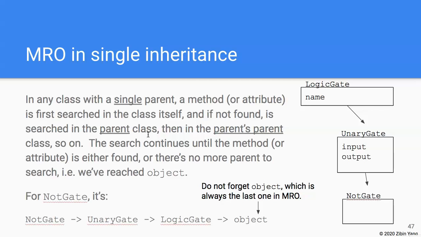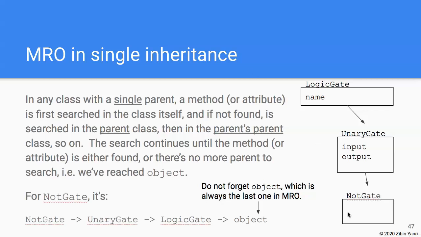And if it still doesn't find it, then it will go to the grandparents to search for the method, and so on, until it either finds the method or exhausts all the ancestors, even after it has reached object and still couldn't find it. In that case, then it gives up its search.